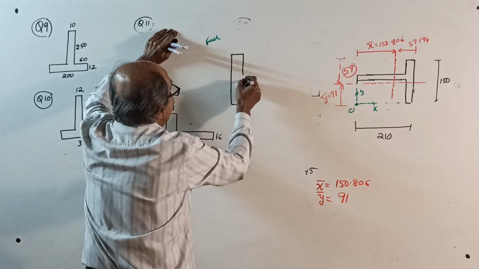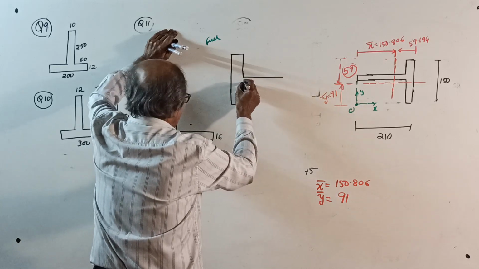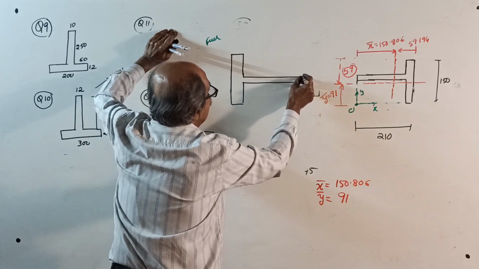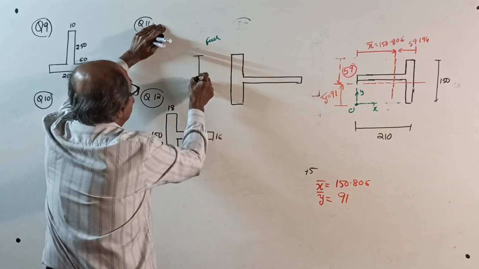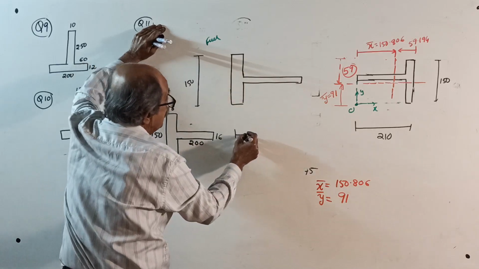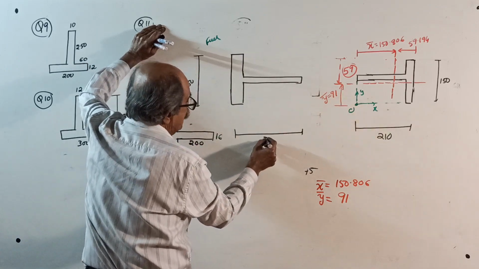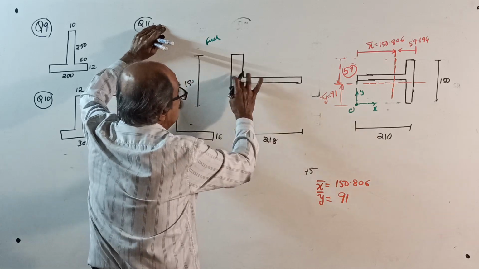Okay, write all that. This is 16 and 200. Overall this is 150, and overall here it is 200 plus 18, 218. You take part 1, part 2, etc.